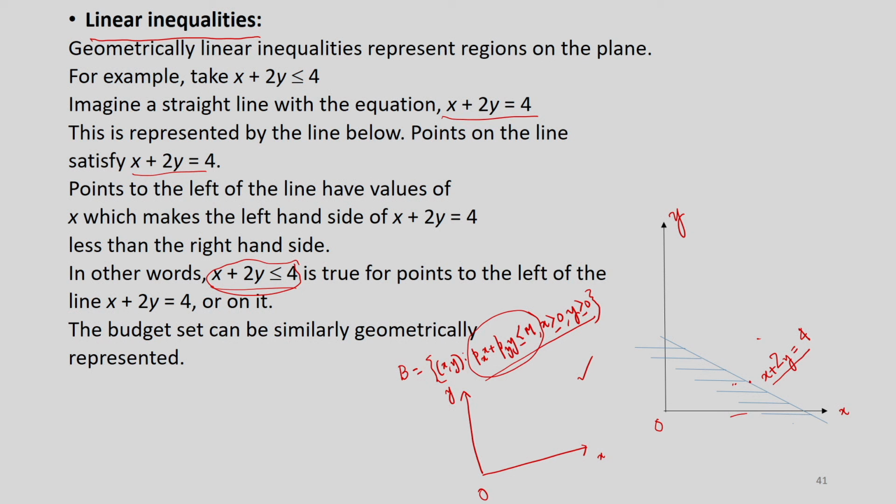Now, we adopt the same strategy that we adopted here, which is that we first convert this inequality into an equality. So, p x multiplied by x plus p y multiplied by y is equal to m. Let us take this equation, and from this what do we get? p y multiplied by y is equal to minus p x multiplied by x plus m, or y is equal to minus p x by p y times x plus m by p y.